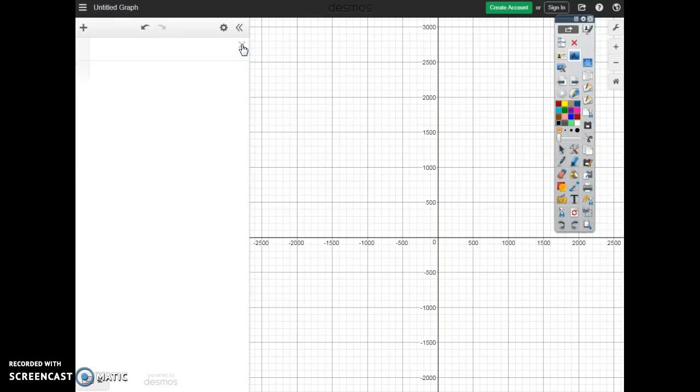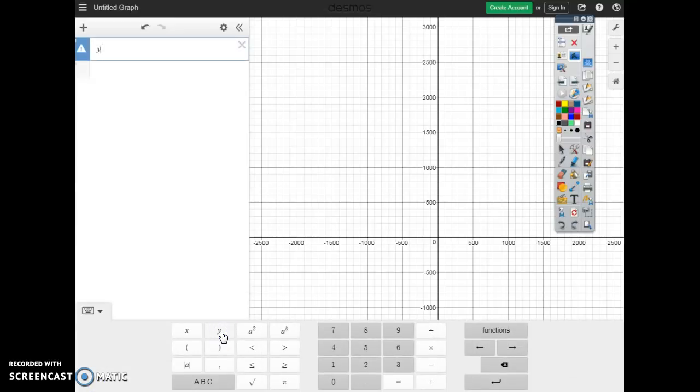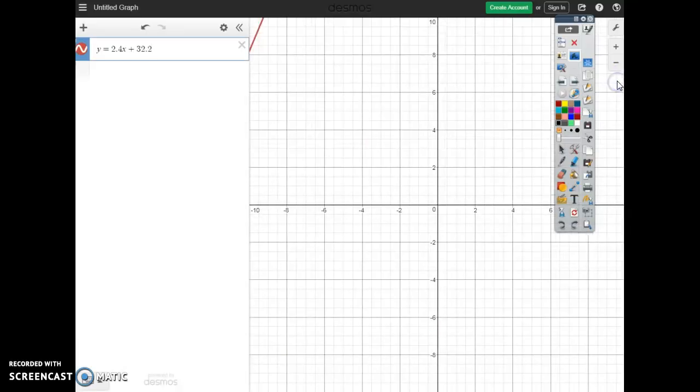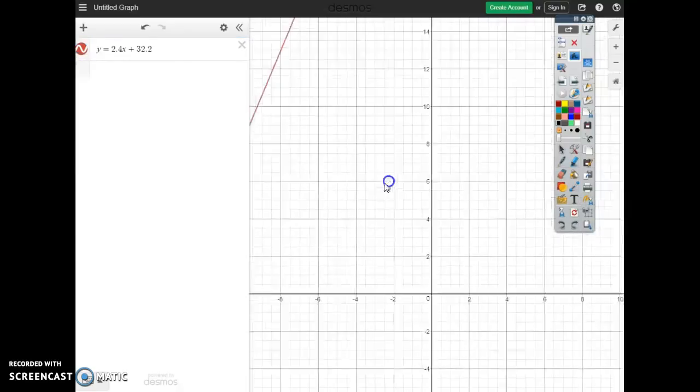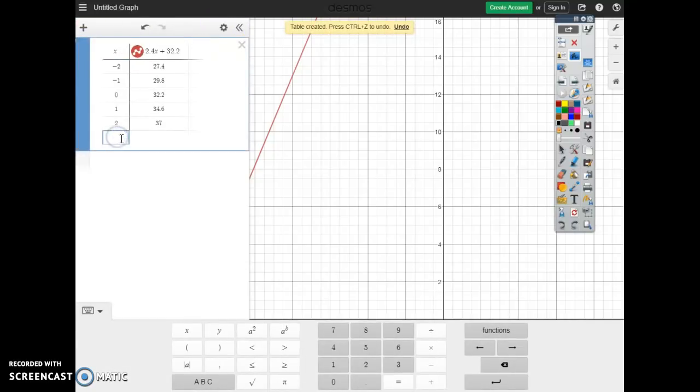So you have the equation y equals 2.4x plus 32.2. Okay, hit the home button. Now, don't go look for it on this graph. You do the table for this function. So click the gear, table, and we're going to type the number that they're asking us for, which is 15.5.